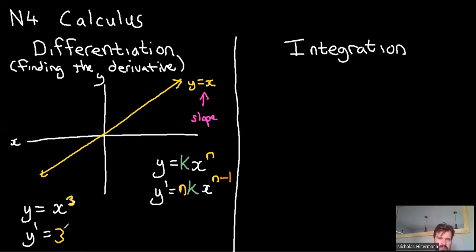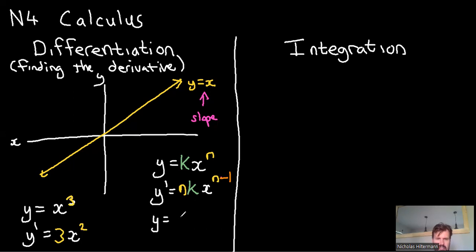So we end up with 3 times 1 is 3, and then our x, and then we take 1 off the exponent. So 3 minus 1 becomes 2. So this formula is almost more complicated than what it actually is. What we're doing is we take the exponent, times it by the front, and we take 1 off the exponent.